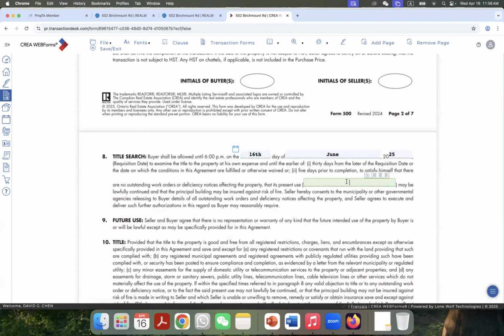For the use, a lot of agents miss this one, leaving it blank or whatever. You have to make sure this one is commercial, commercial investment or commercial. I think this is for an apartment building. Yeah, this is an apartment, so we say commercial apartment.